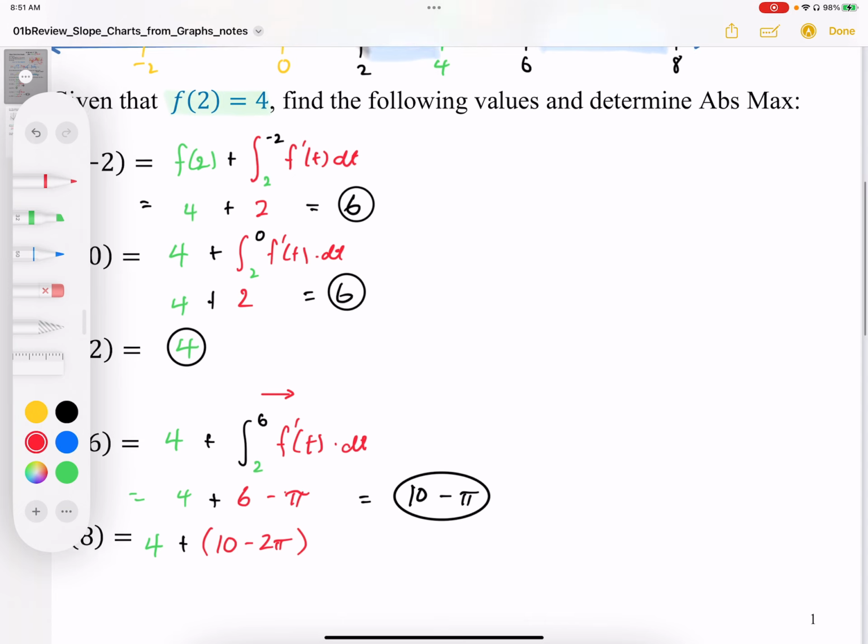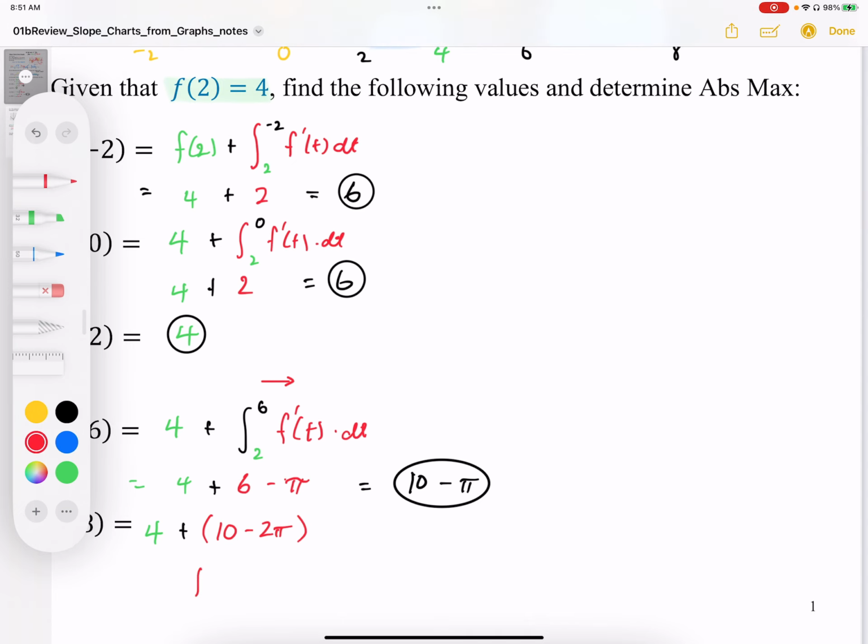And this represents the area from 2 to 8 under the f prime graph. So that works out to be 14 minus 2 pi. So 14 minus 2 pi is going to be about a little bit more than 10 minus pi. So that becomes my absolute max.